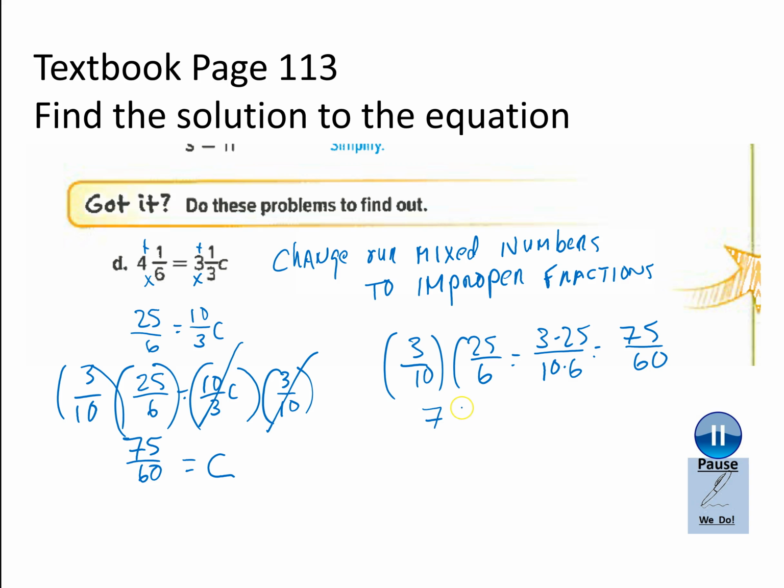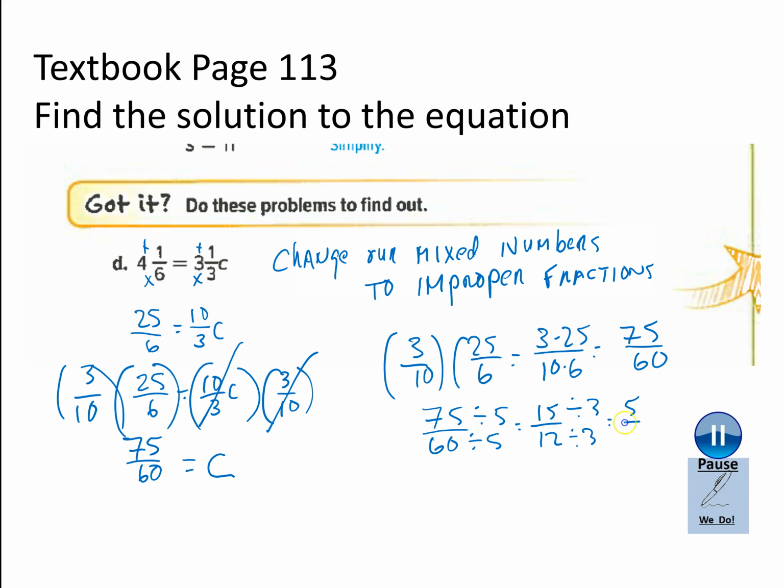I'm going to divide both by 5, and I get 15 and 12. But I can make that even smaller by dividing both by 3.